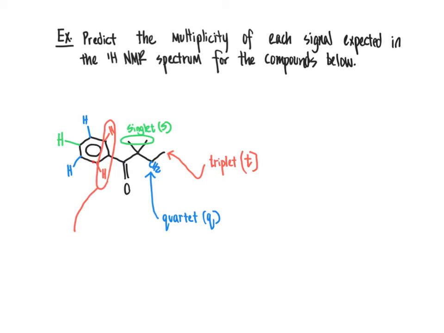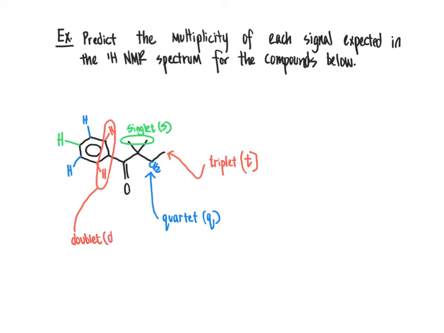So this hydrogen here, we could choose as the hydrogen that we are looking at, and we ask how many hydrogens are vicinal to there. Well, there's just one as we come over to here. So one vicinal hydrogen is always going to give us, via our n+1 rule, n would be 1 because there's one vicinal hydrogen, 1 + 1 makes 2. So this is going to give us a doublet signal. So I'm just going to put the word doublet there.